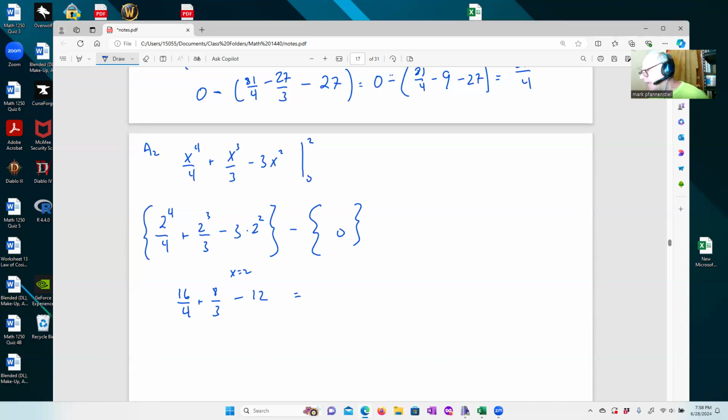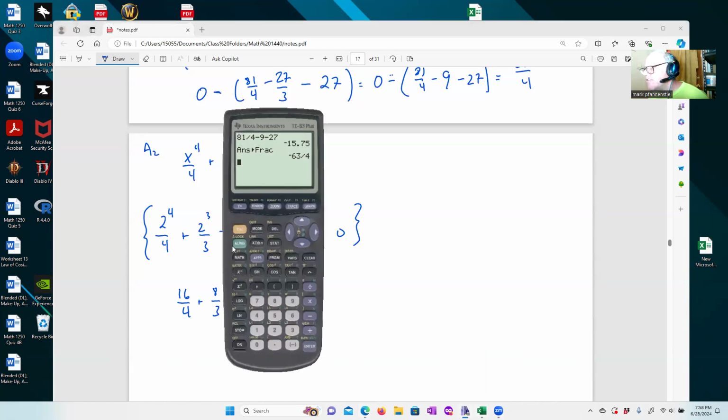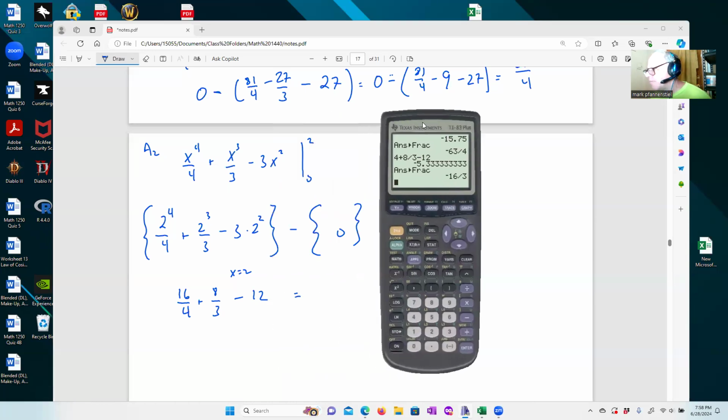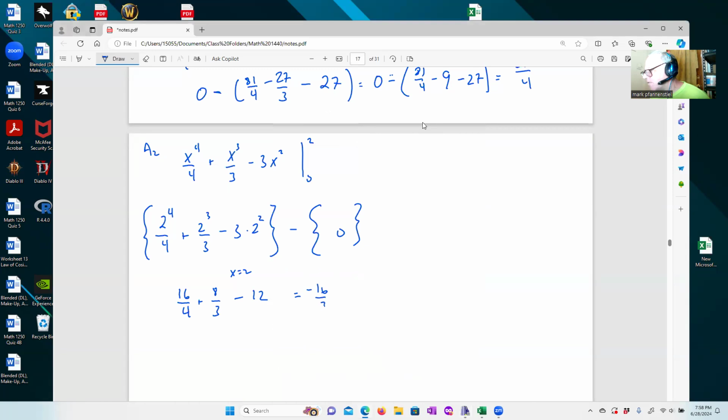I've got 16 over 4, which is 4, plus 8 over 3, and then minus 12. Again, I'm going to change this to a fraction. So math, change to frac, so that we can add it as one number. And I ended up with negative 16 over 3.